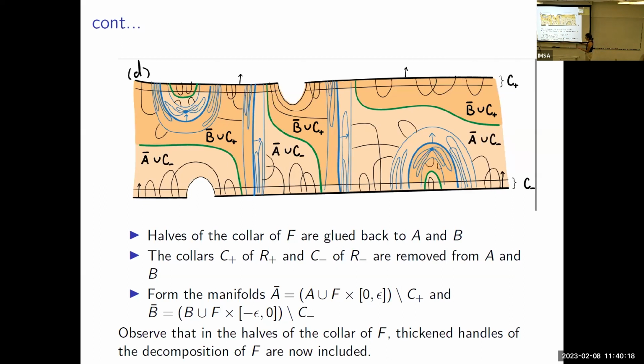And now we have to include those handles into these things, A bar union the collars.